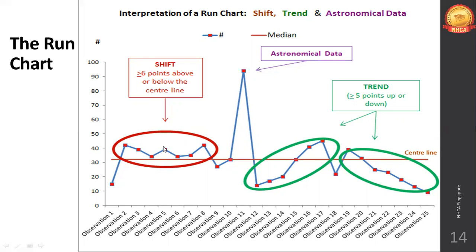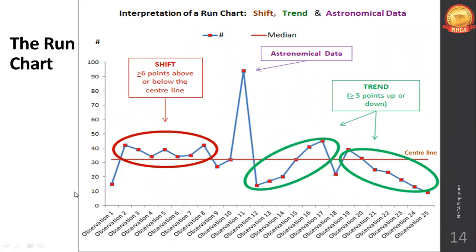Either the shift will be more than 6 points above, and this 6 points doesn't mean 1, 2, 3, 4, 5, 6. That's not how it is. The 6 points is relative to the points which you are taking on the y-axis. It can be 100, 200. Here they have taken 10, 20, 30, so it may be 1 2 3 4 5 6.